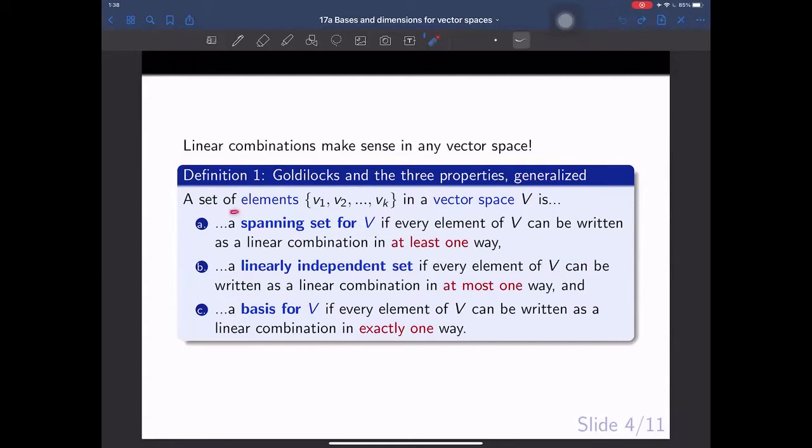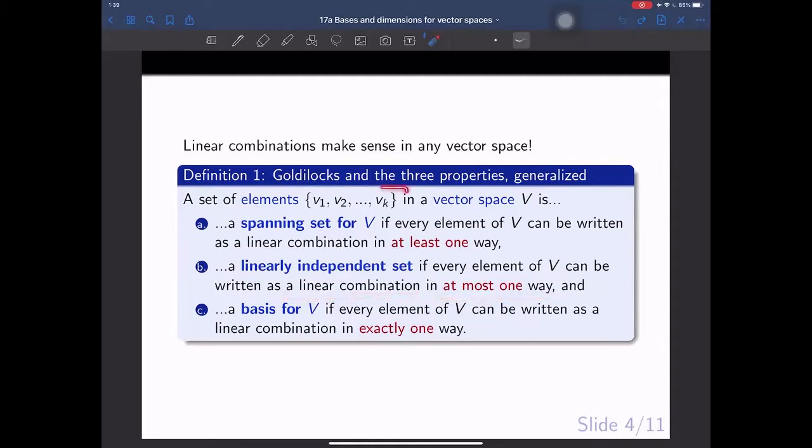If I have a subset of elements in a vector space, then this set is called a spanning set if every element of my vector space can be written as a linear combination in at least one way. My set of elements is linearly independent in the vector space V if every element of V can be written as a linear combination in at most one way.